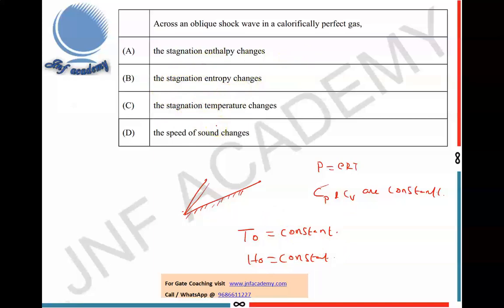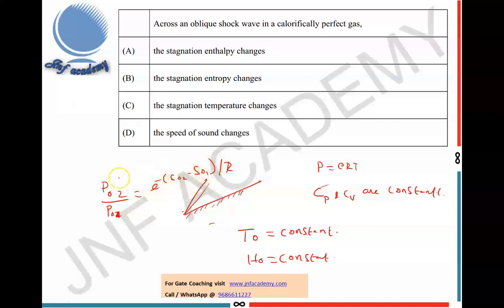As we all know, the formula for stagnation entropy is the ratio of total pressures: P naught 2 divided by P naught 1 is equal to e to the power of minus (S naught 2 minus S naught 1) divided by R. So S naught 2 minus S naught 1 is the stagnation entropy change.